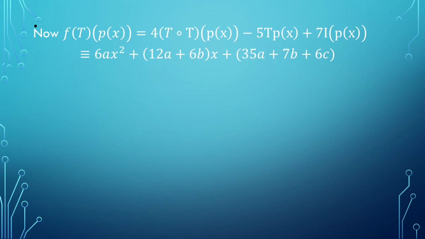Now that we know p(x) and we know T, we just do it directly. So we substitute what we did for the first part, and you also do the substitution for the other part, and clearly you'll see now the solution being that.